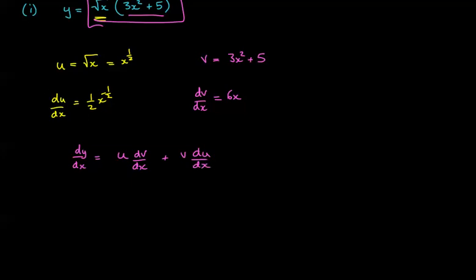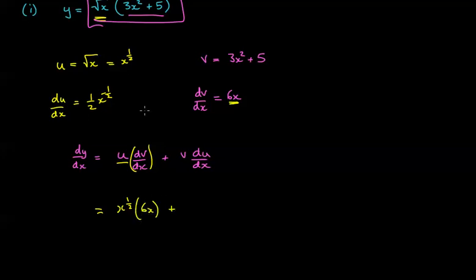Now first of all, u is the square root of x, I'll rewrite that as x to the power of a half, because I may simplify some terms together. dv by dx, what's dv by dx? dv by dx is what we worked out here, 6x, so I'm going to plug that here. So I'm going to multiply that by 6x.